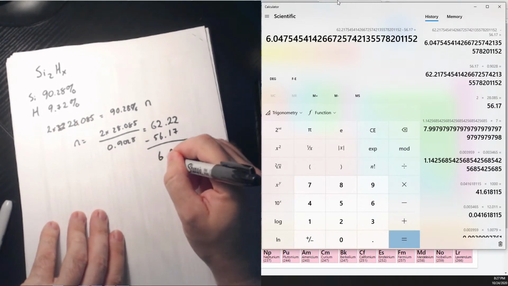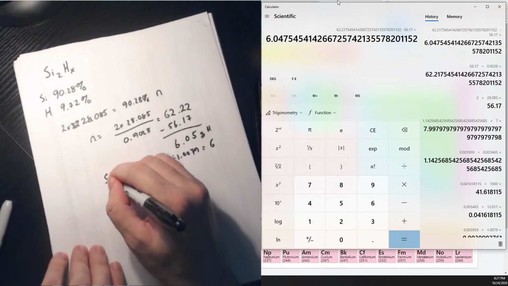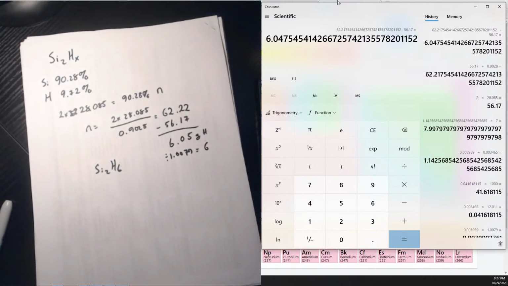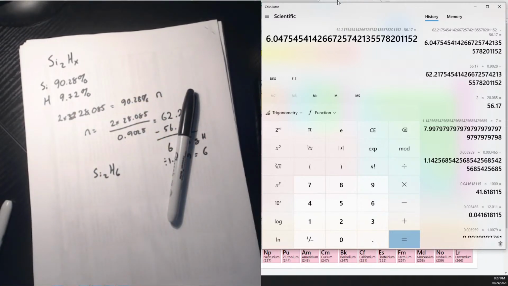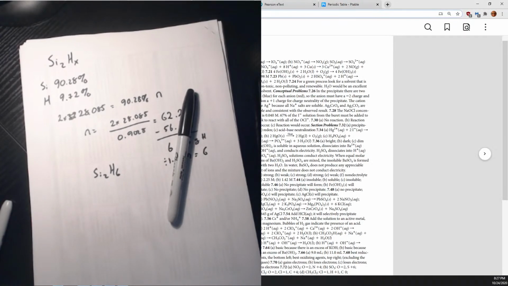So now we divide by the molar mass of hydrogen, and that equals 6. So it's Si2H6. Probably doing the percent composition stuff, we could have done it the exact same way, but no particular need to, when they've given us half the information already. I'm confident that I'm right on this one. Nevertheless, that was 94, Si2H6, yes.